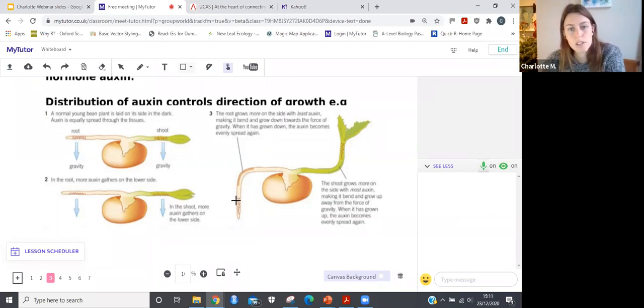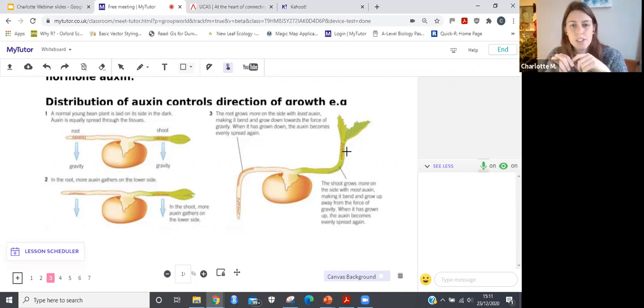When it goes down, the auxin becomes evenly spread again, you can see. In the shoots, the shoot grows more on the side with the most auxin. That means that the shoot bends and grows upwards, away from the force of gravity and towards light. When it goes up, the auxin's been evenly spread again. So there's two different things that you need to remember there.